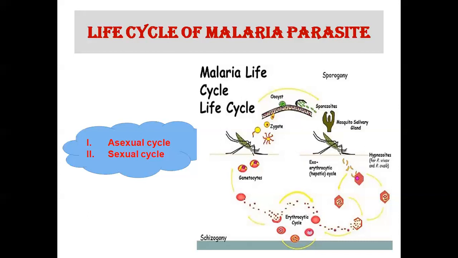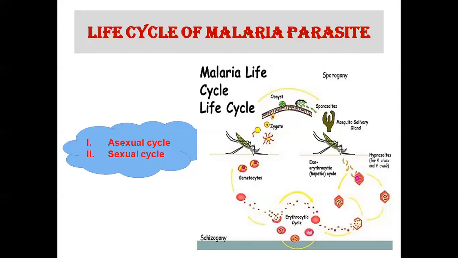And some of the merozoites differentiate into male and female sexual forms. The sexual forms are sucked up when a mosquito bites an infected individual.